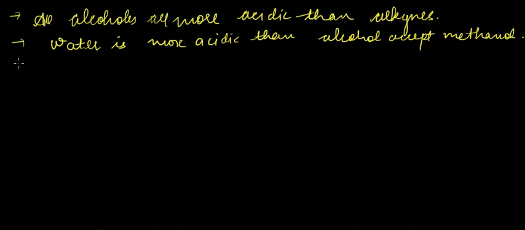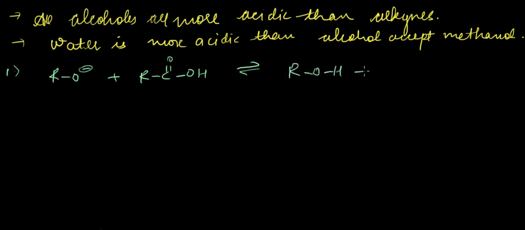Okay. So below I am writing some of the examples in which you have to identify products and predict the direction of equilibrium. Right. So if I have something like this and this, you have to tell me whether this reaction will go in forward direction or in backward direction.